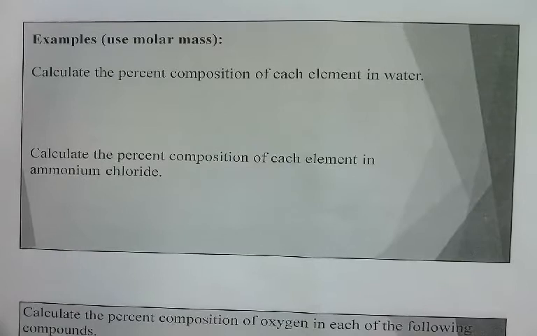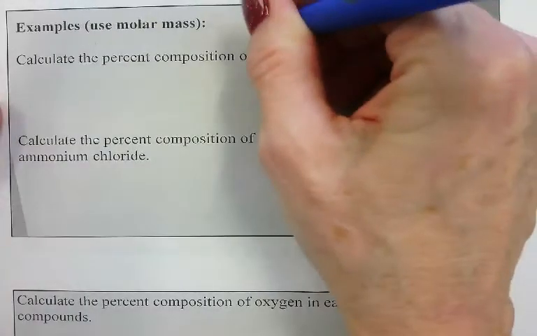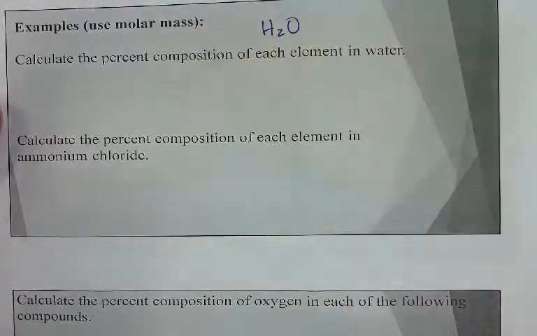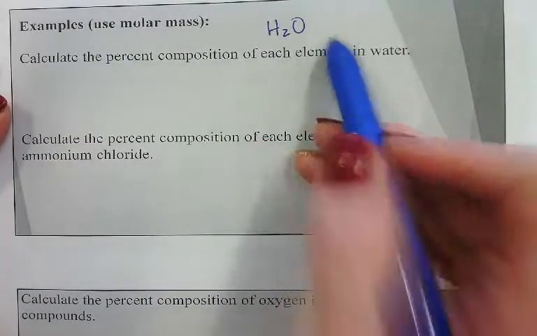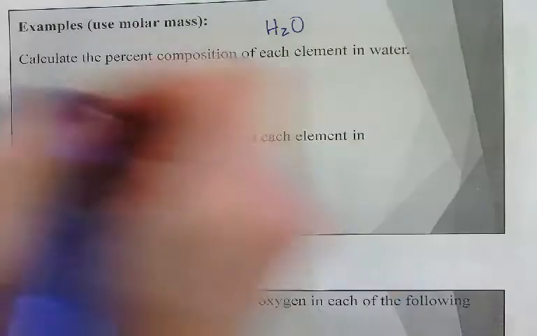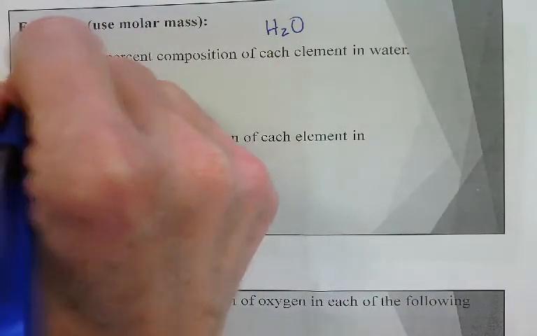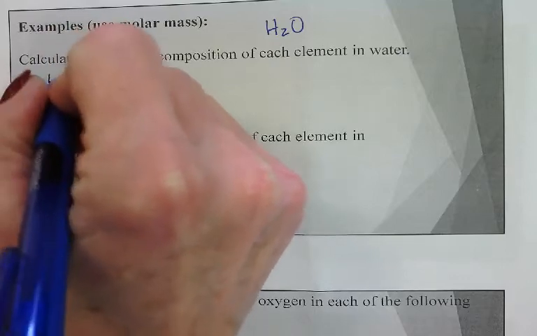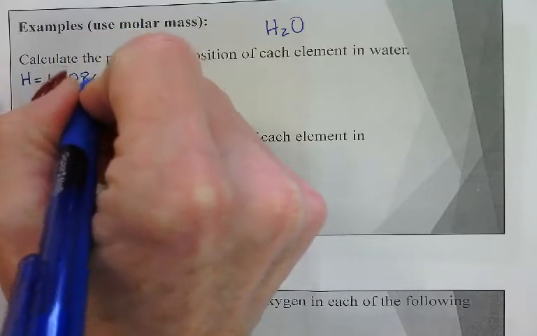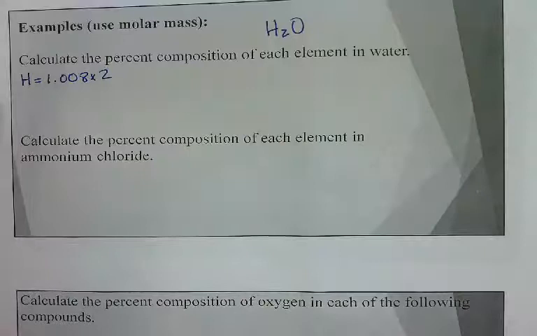All right, so this first one: calculate the percent composition of each element in water. Water is H2O. What part of water is made up of hydrogen? What part is made up of oxygen? The way we do this is we need to calculate the whole mass. There are two hydrogens. The mass of hydrogen is 1.008, and in water there are two hydrogens.